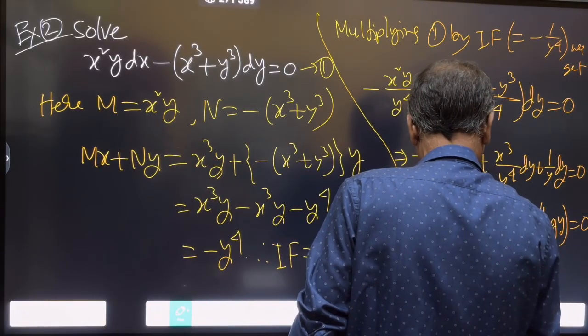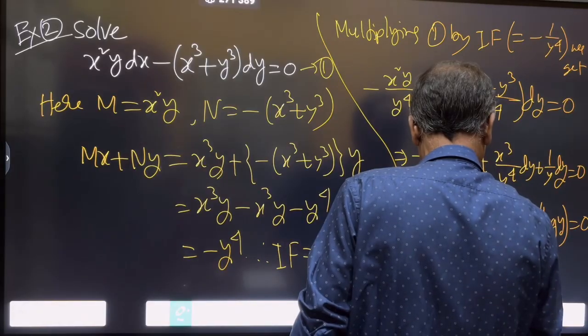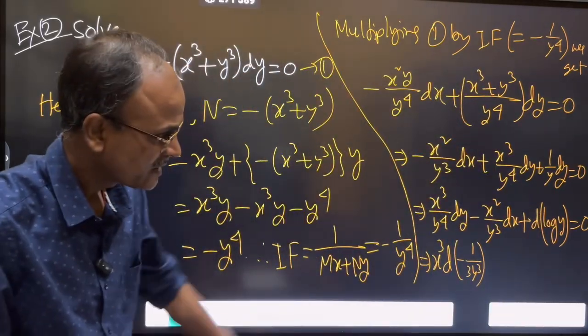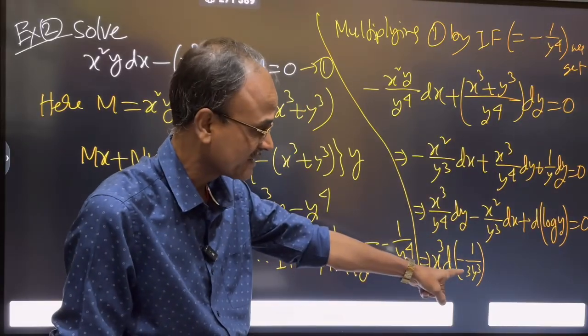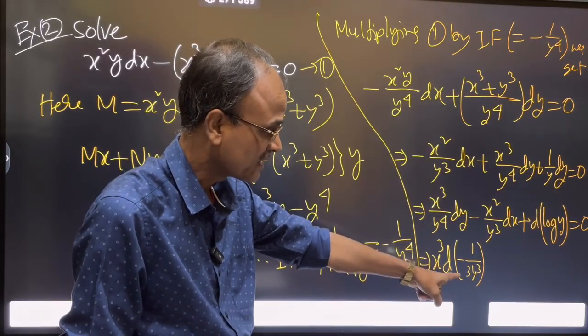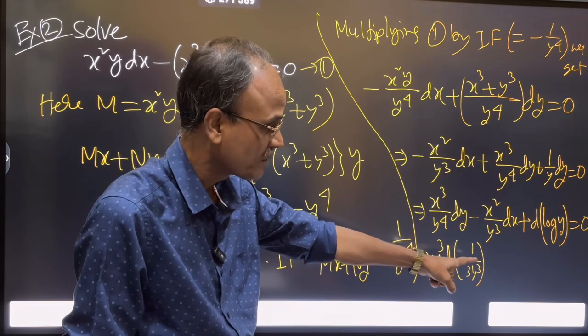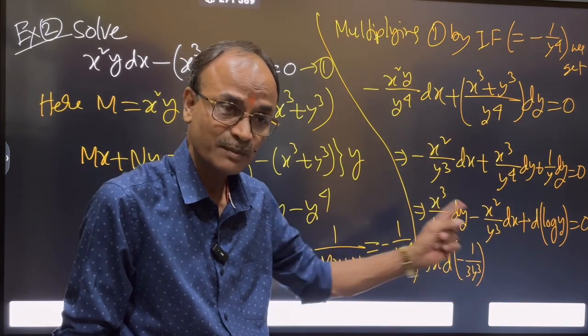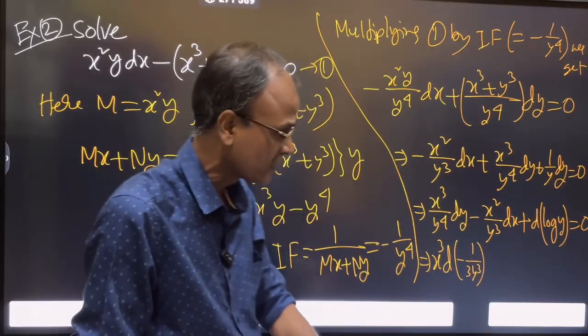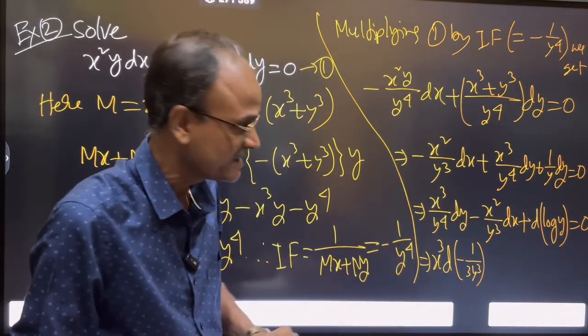For 1 by y to the power 4 dy, you may write like this: minus 1 by 3 y to the power minus 3. The differentiation of y to the power minus 3 is minus 3 y to the power minus 4. Minus 3 will be cancelled.